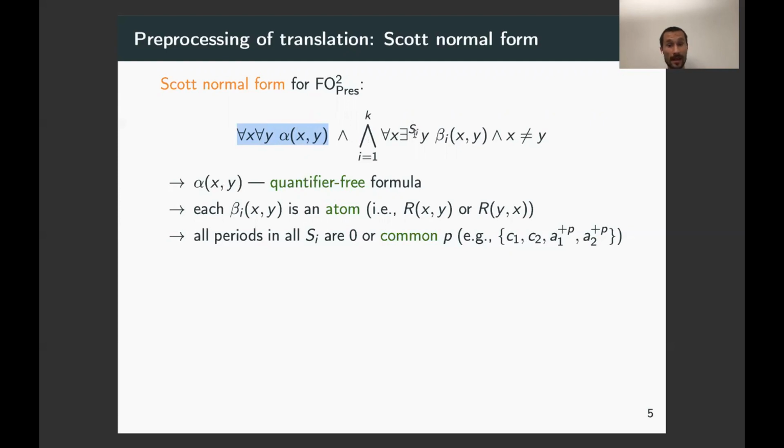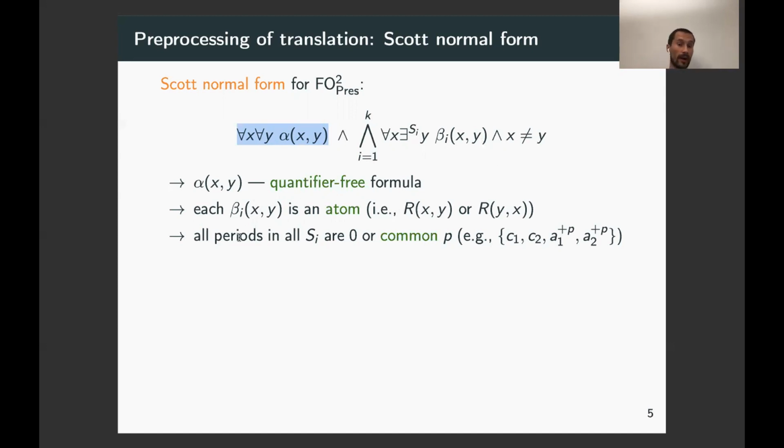For all x there exists y in some semi-linear or ultimately periodic set S_i such that beta holds. Importantly, beta here is just an atom, so it's not any other structure. It's either R(x,y) or R(y,x). Also, we require that x is different from y.